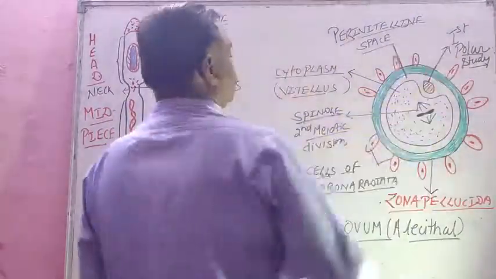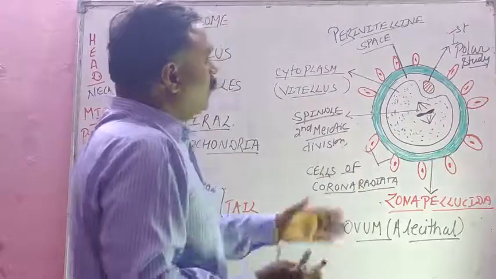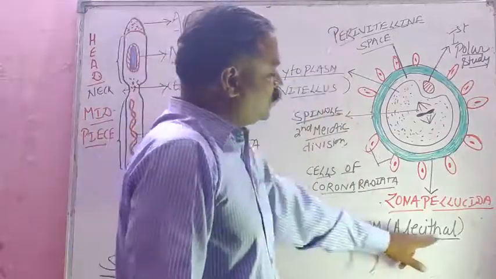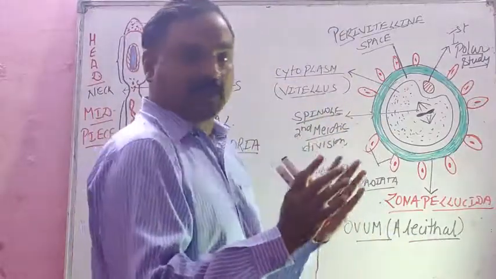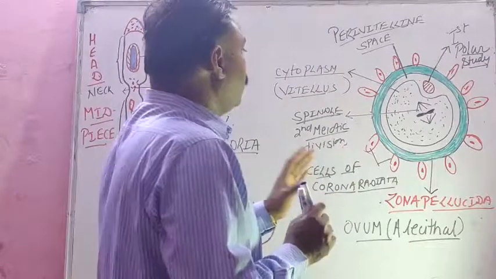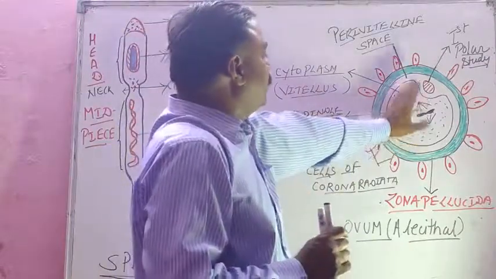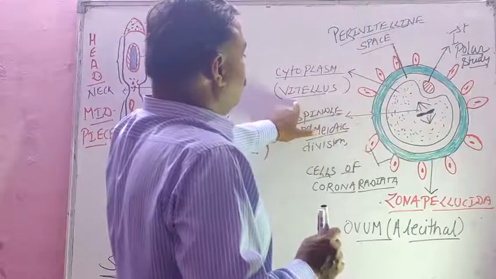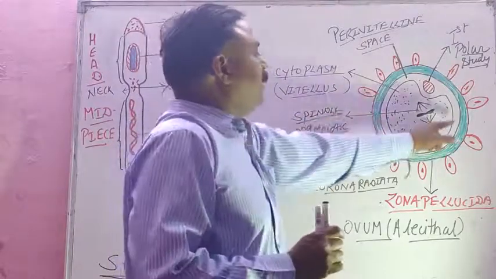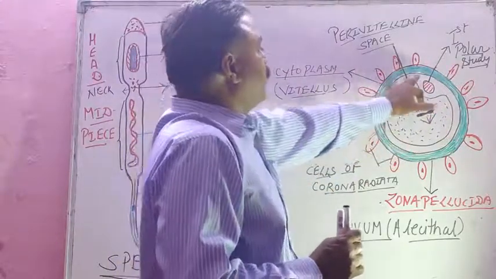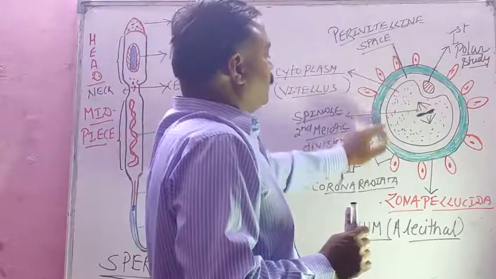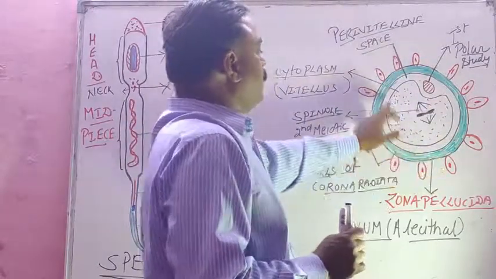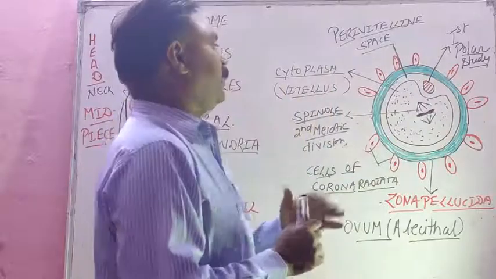Let us recap once the structure of ovum, students. Human ovum is alecithal, meaning devoid of yolk. Then it consists of dense cytoplasm, that is called vitellus in biology, and the membrane is called the vitelline membrane, and the space is called the perivitelline space, between zona pellucida and the vitelline membrane.